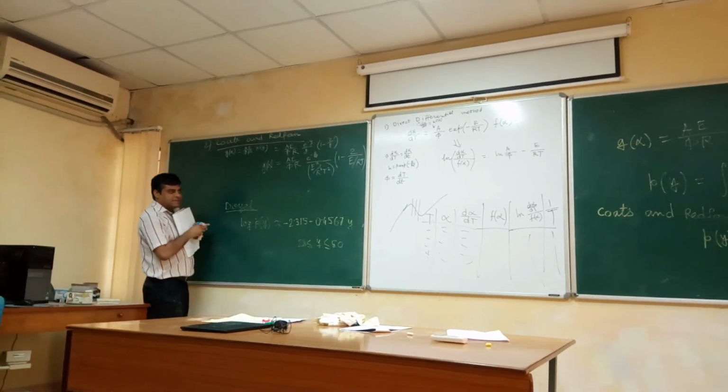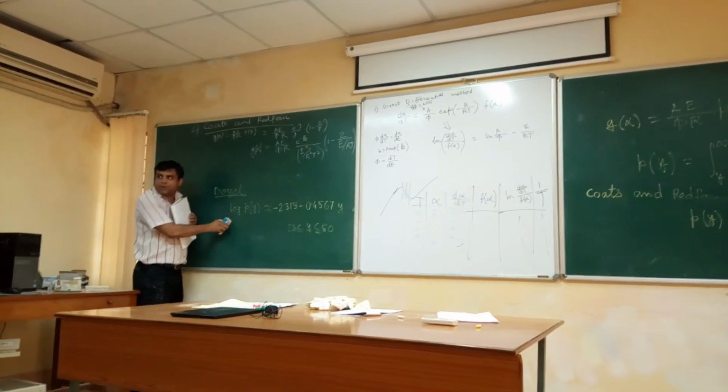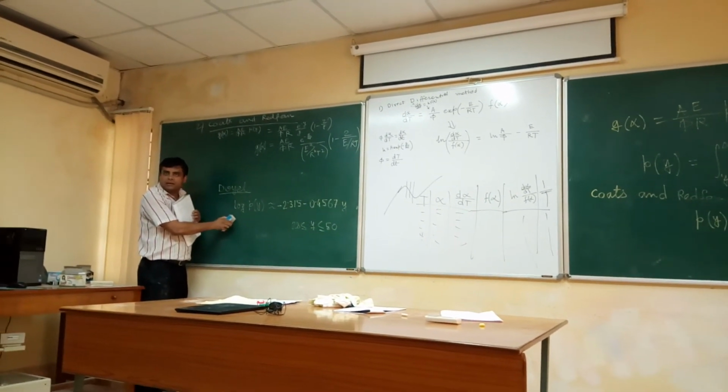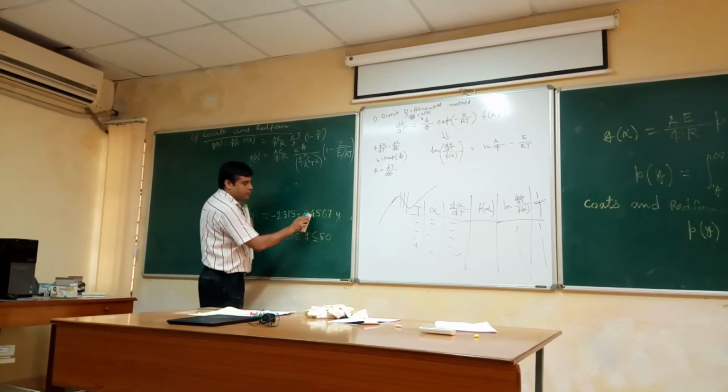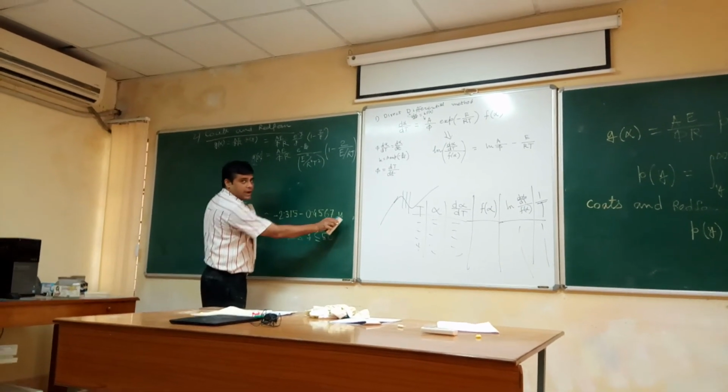I am erasing this. Have you noted down this Doyle approximation for log p(y)? Minus 2.315 minus 0.4567 y.